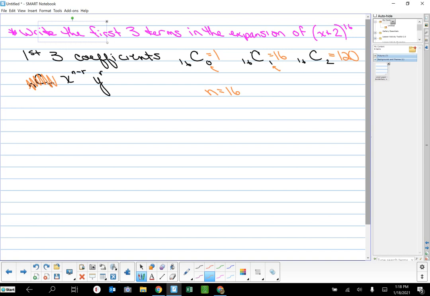And depending on the term that I'm looking for, right, kind of will help me figure out what I need here. So in my first term, remember in your binomial expansion, my very first term, my power on my x is going to match my n. Because my r is going to be 0 for my first one.